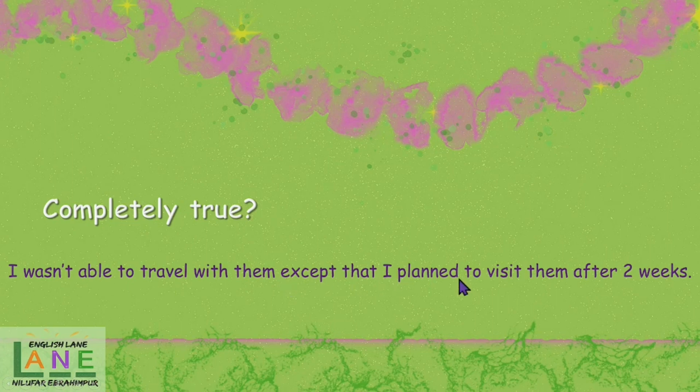No, I have good news to add to it. It's sad. I wasn't able to travel with them except that I planned to visit them after 2 weeks. So this is not completely true because I planned to visit them after 2 weeks. So this is how we use except that.